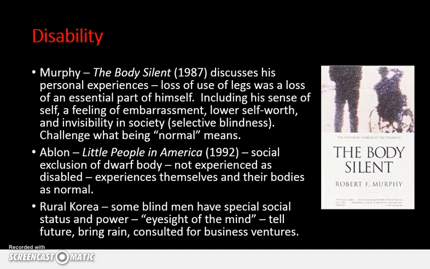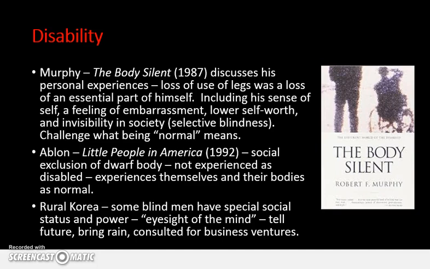Murphy's The Body Silent talks about disability. There's a whole field in anthropology and outside of anthropology in disability studies. And the section here, and what we'll be discussing later in the class, looks at this idea of normativity. And for Murphy, the idea of himself completely shifts when he loses the use of his legs.